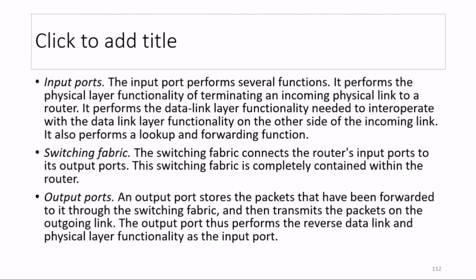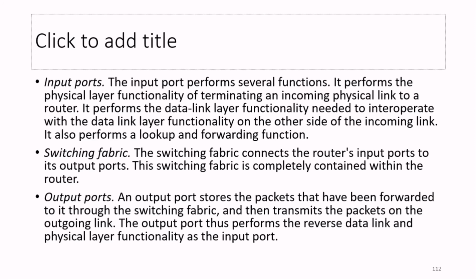The input port performs several functions. It performs the physical layer functionality of terminating an incoming physical link to a router. It performs the data link layer functionality needed to interoperate with the data link layer functionality on the other side of the incoming link. It also performs a lookup and forwarding function.